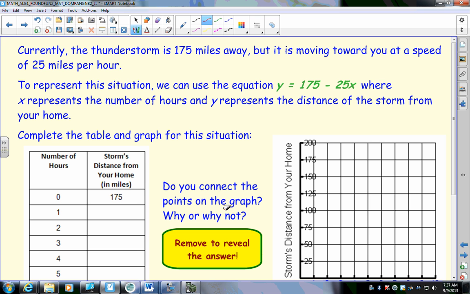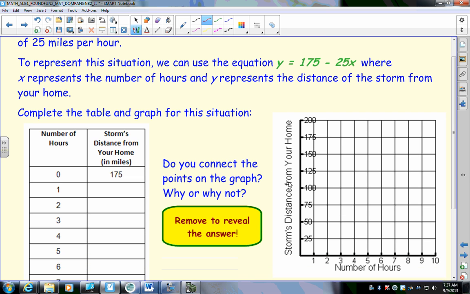All right, so if we look at this, it gives us the problem, and it wants us to complete a table and a graph for the situation. So I want you to sketch on your paper the table. So build this table right here. Not real big, but just enough to be able to fill in 0 and 175, 1 and whatever.